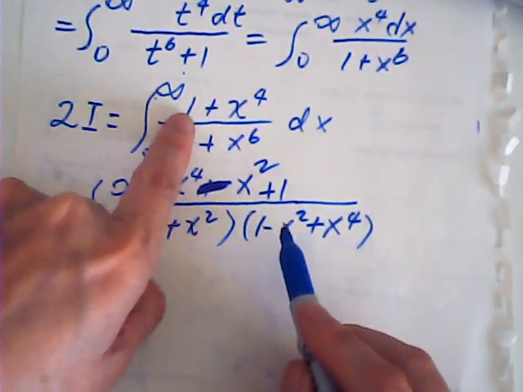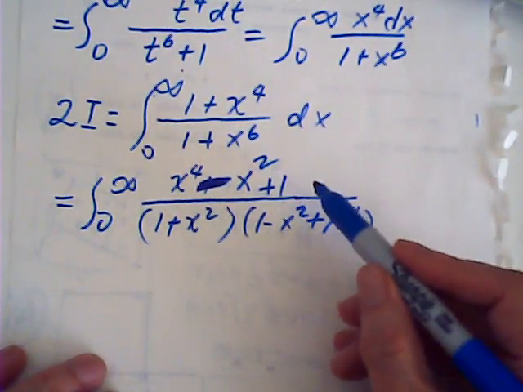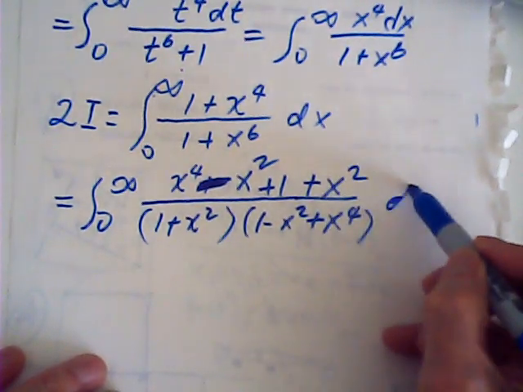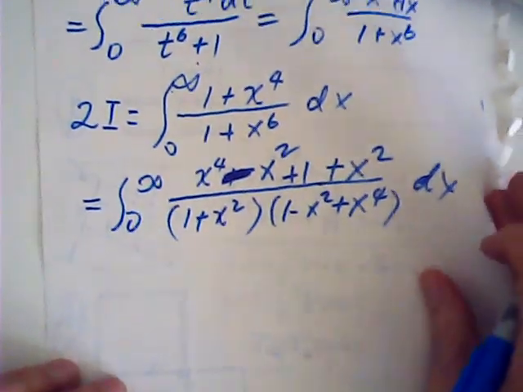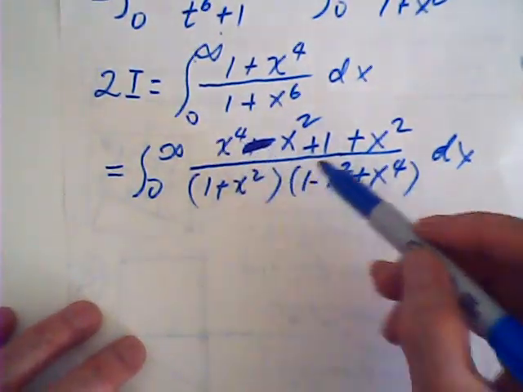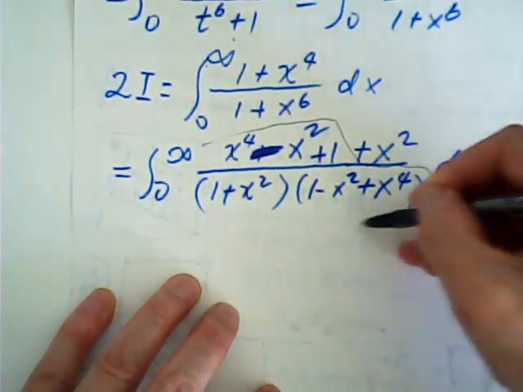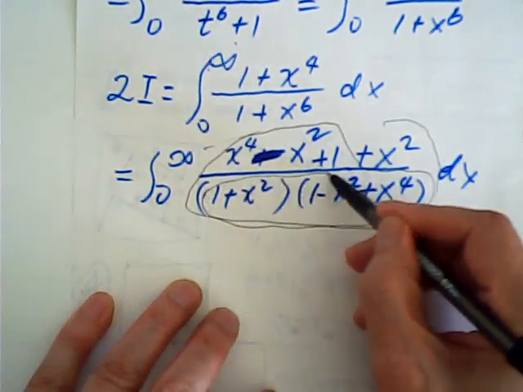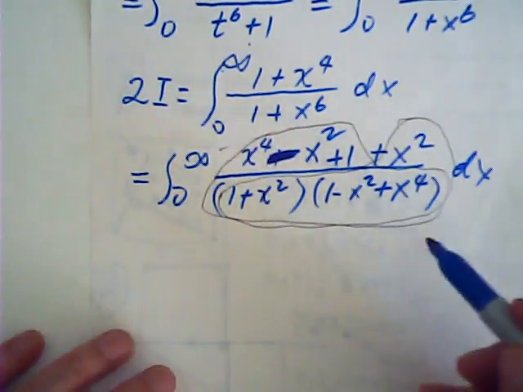Now, my numerator does not have a negative x squared, so I add x squared again. Something good happens because of this part of the denominator: I integrate two different integrals.